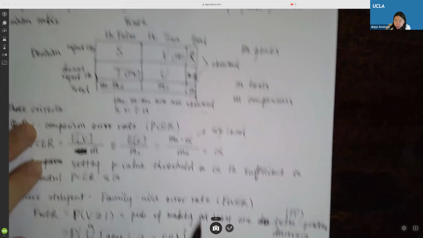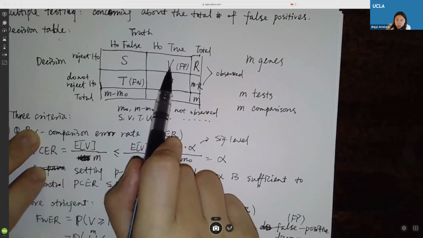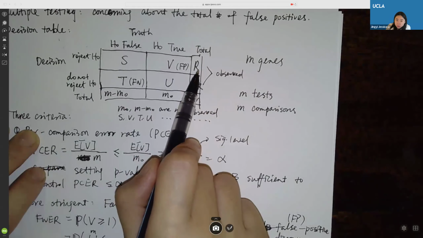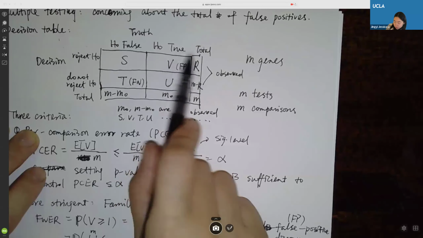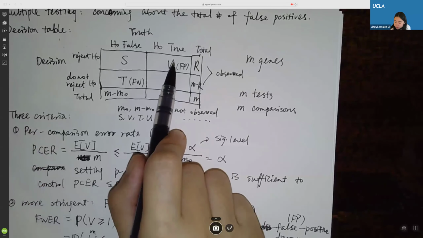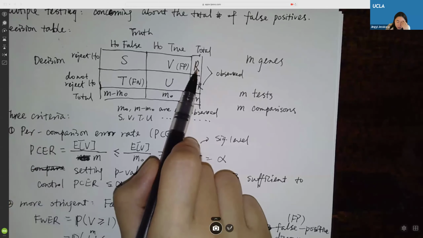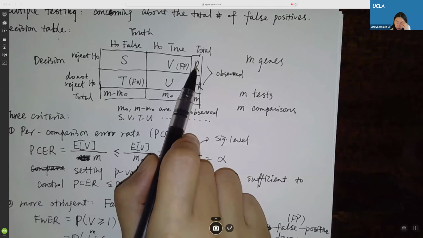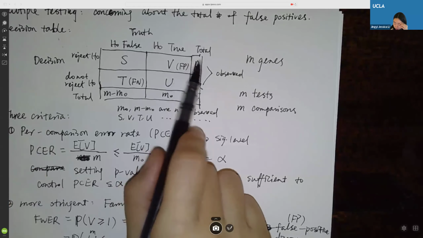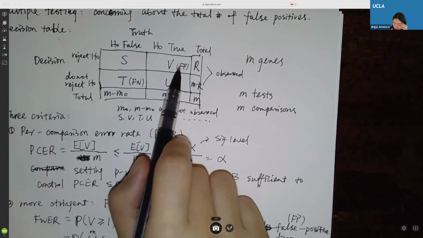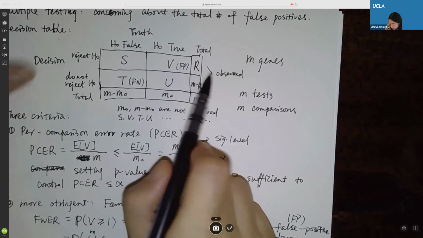Going back to the table, it's V, the number of false positives, over R, the total number of rejections. That is why it's called the false discovery rate, because R is the number of rejections, so the number of discoveries. We're interested in controlling the proportion of false discoveries among the R discoveries.